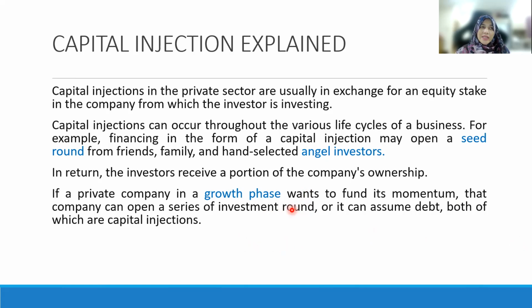For example, let's say so far your company is owned by 20 investors who are your friends. Suddenly when you want to grow the business, you get one interested investor, and he is one of the ministers in your country, a politician.